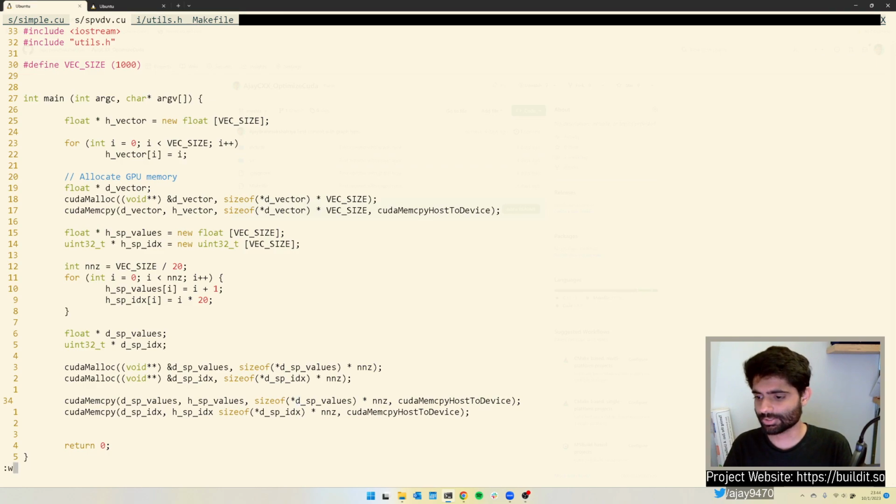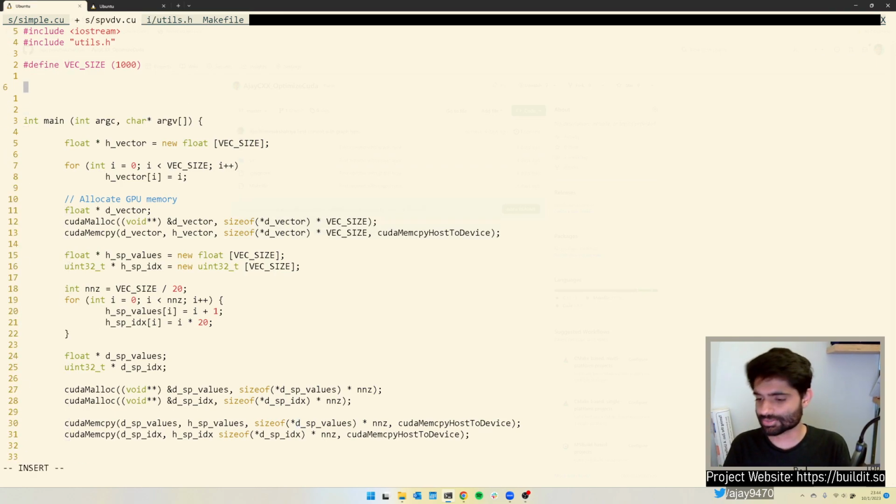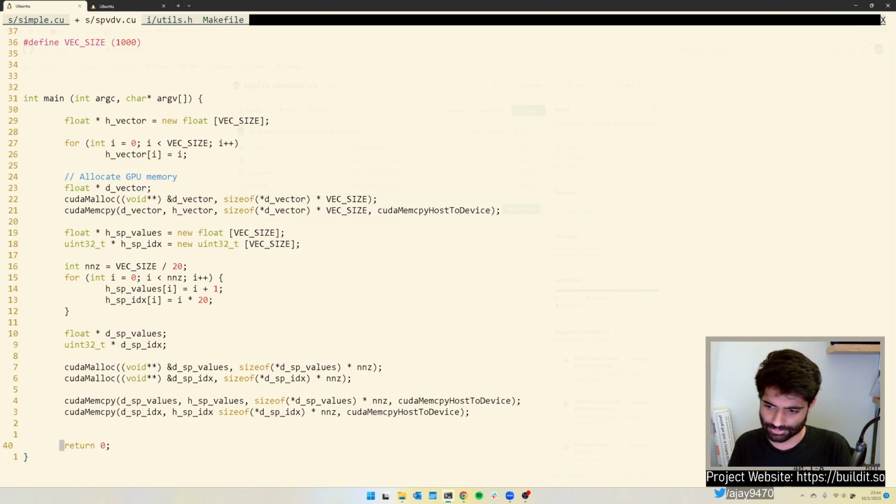And now we are going to actually write the kernel that does the pointwise multiplication of the elements and stores it in a third dense vector. Sorry, I forgot about the third dense vector. So let's allocate memory for that. H_output, new float of vec size.